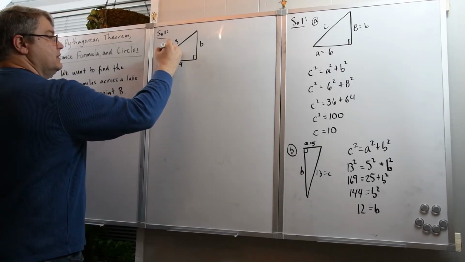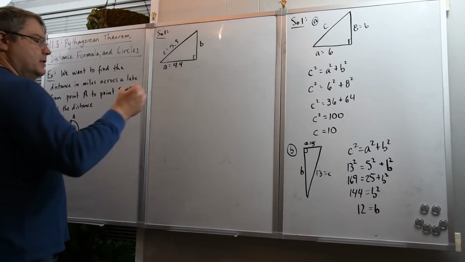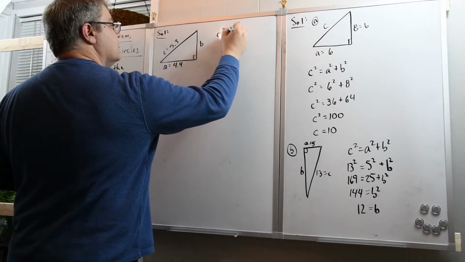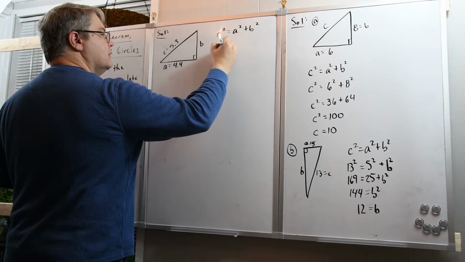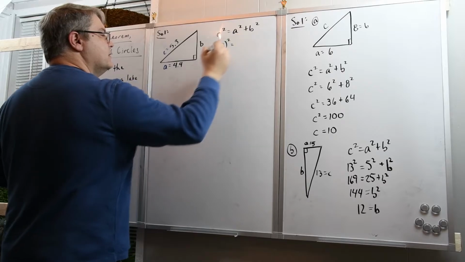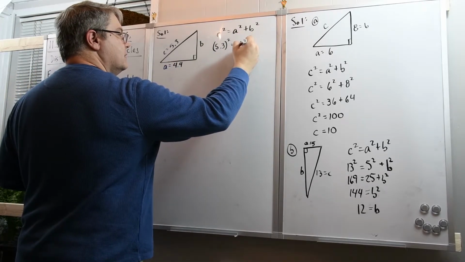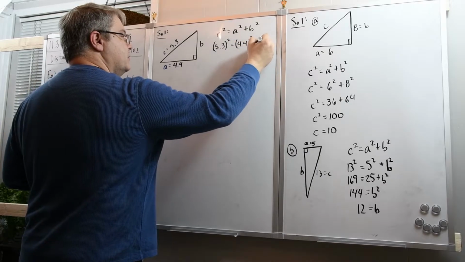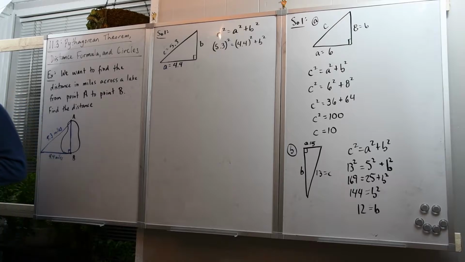And I would say C is the same thing as 5.3. Now, according to the Pythagorean theorem, C squared equals A squared plus B squared. So we would have 5.3 plugged in for C, so 5.3 raised to the second power on the left side. We would have 4.4 plugged in for A. So on the right side, we would have 4.4 raised to the second power plus B squared.